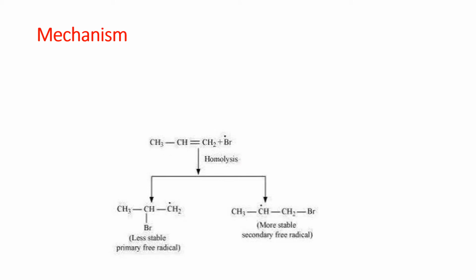Now let us see the mechanism of this Kharasch peroxide effect. The peroxide linkage, it's a weak linkage. For example, if you consider a peroxide, this compound is known as benzoyl peroxide.